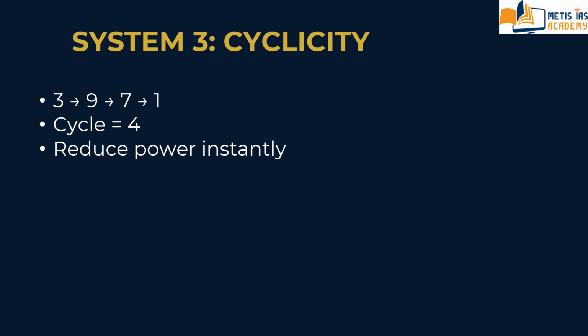Then what we have to do is focus on the last digit pattern. After understanding the question, we come up with 3, 9, 7, 1. After that, the cycle repeats every 4.